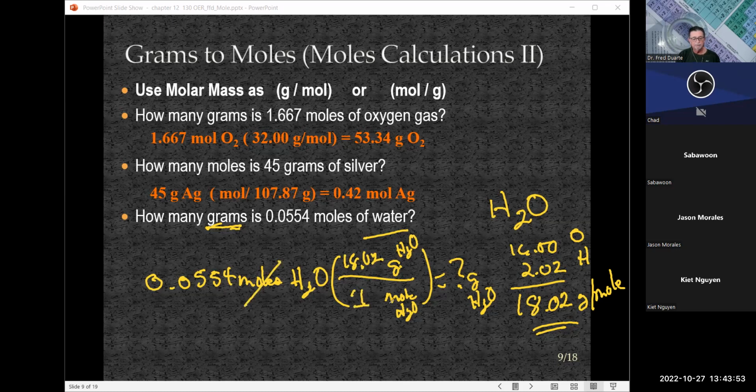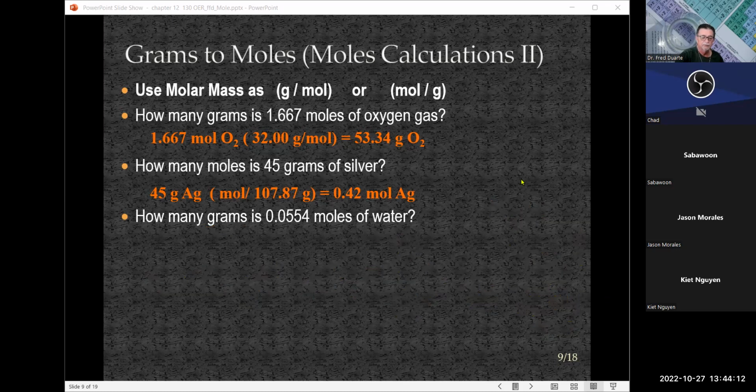Moles cancel, leaving me with units of grams. So I take 0.0554, multiply that by 18, and that would tell me how many grams that small quantity is worth.